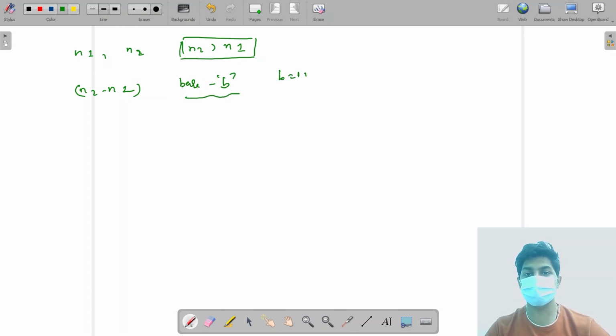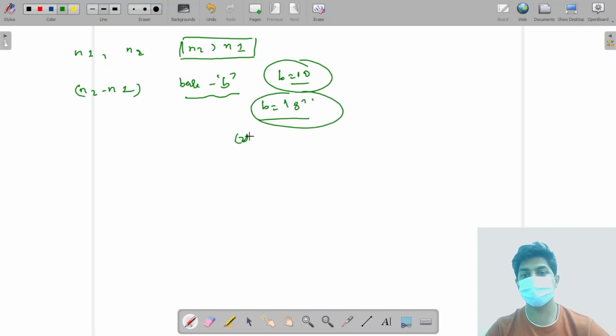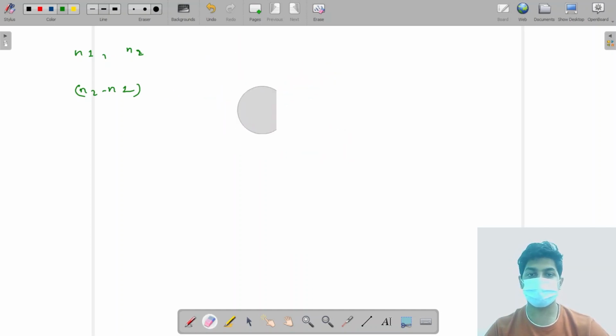If b is equal to 10, then we will have to perform the simple decimal subtraction. If b is equal to 8, then we will have to perform the octal subtraction. So any base will be given to us and we have to perform subtraction in that base. The problem statement should be clear by now, I guess.